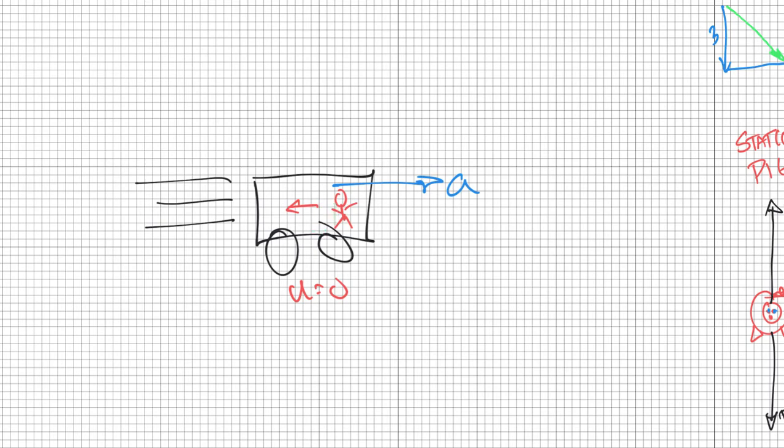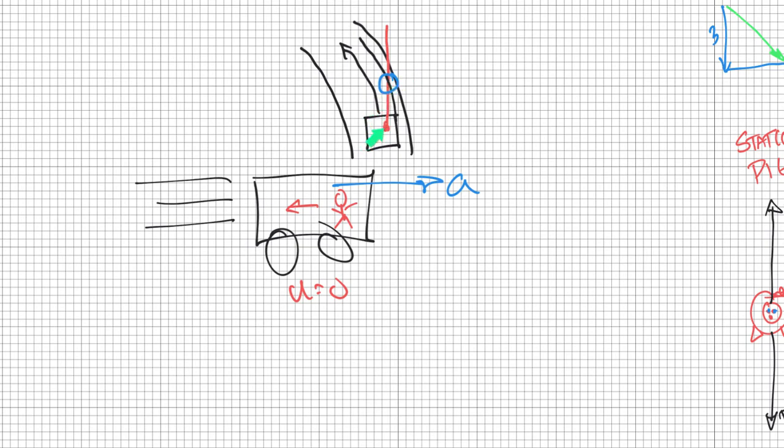When an object is turning, if we're in the car and we're turning, let's say we're going straight this way, and then the car starts moving this way. If I'm sitting here, I want to keep going straight. And so as the car bends, I have come in contact with the outside of the car, and I have this sensation that I got pushed outwards.